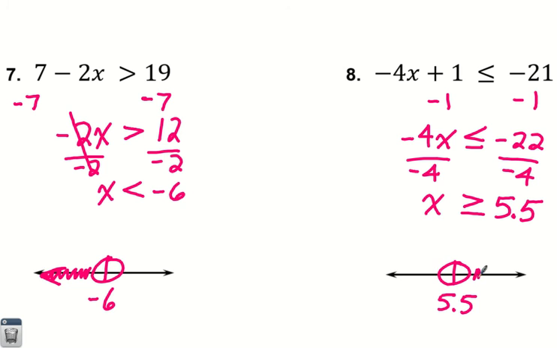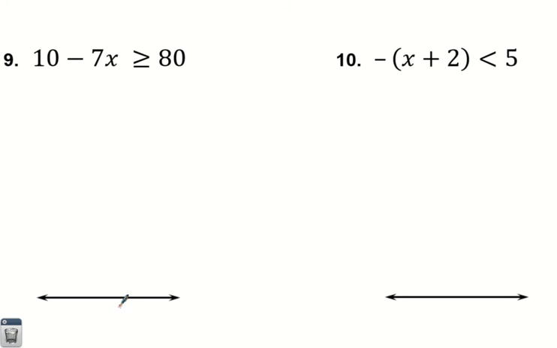And it's greater than or equal to, so we color in the dot. And more of them. What's so different about number 9? Nothing. So it remains a greater than or equal to.